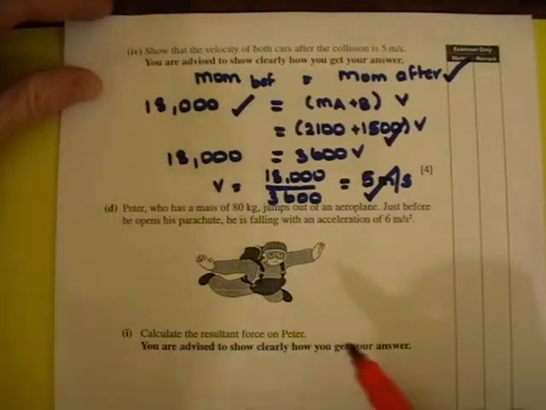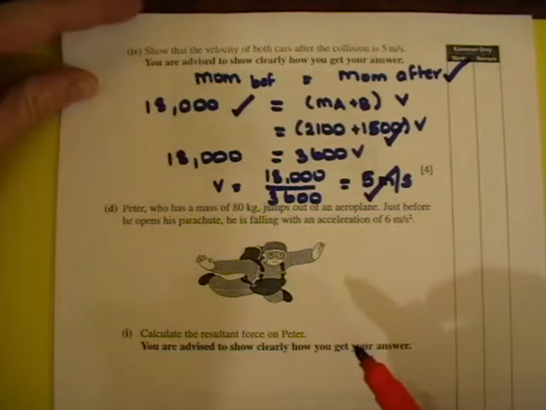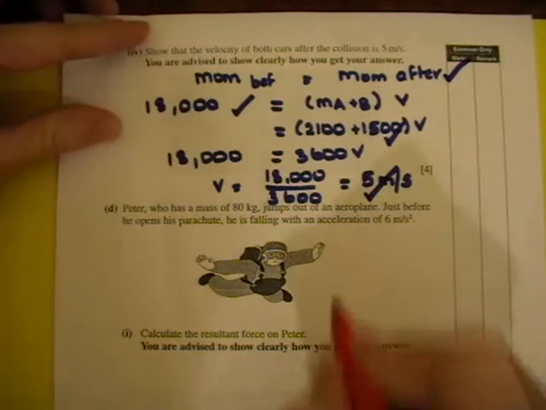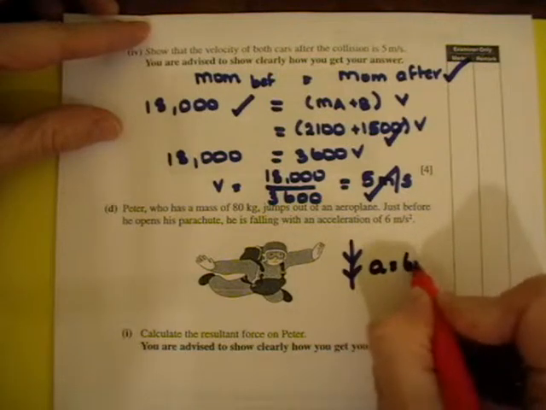Part D. Peter, who has a mass of 80 kilograms, jumps out of an airplane. Just before he opens his parachute, he's falling with an acceleration of 6 metres per second squared. Calculate the resultant force on Peter. So I'm just going to draw his acceleration is 6 metres per second squared.